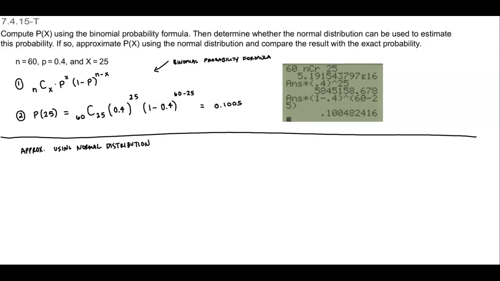Recall that we need to check that n times p times 1 minus p must be greater than or equal to 10.